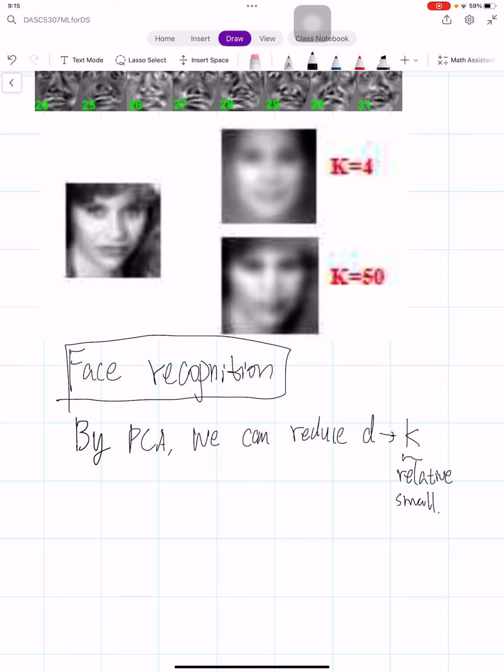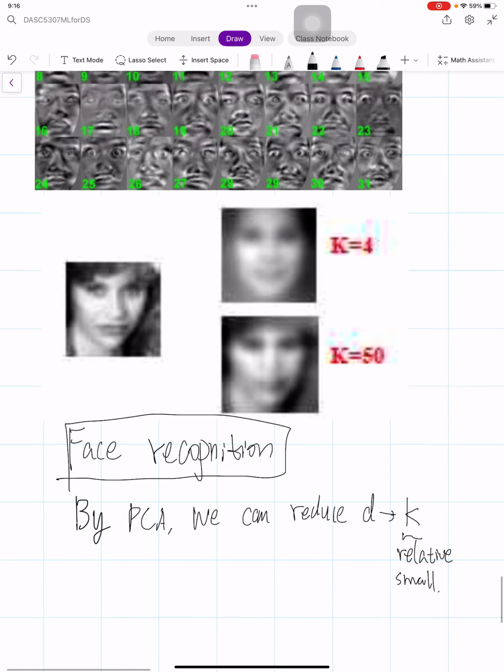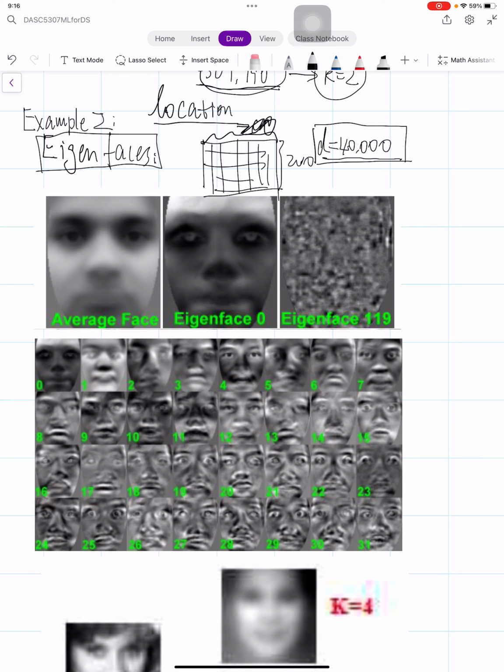Much smaller dimensions and reduced computation time. Actually, people construct the different eigenfaces.